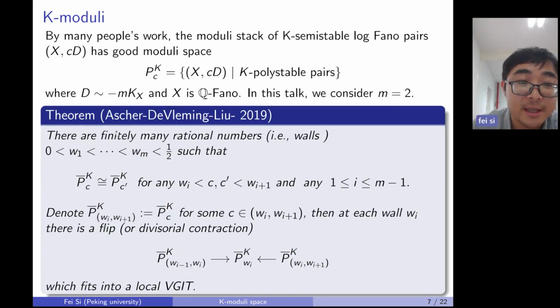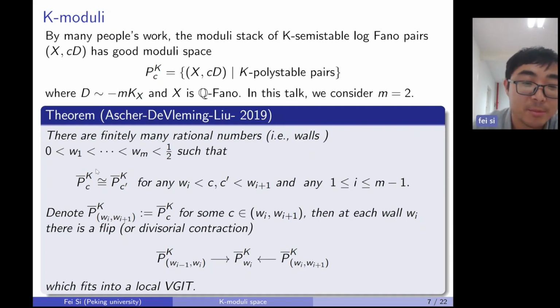Their result says that there are finitely many rational numbers, which we call the walls, W1, W2, up to Wm, such that if you let the coefficient C vary in the same interval, then this moduli space is isomorphic.